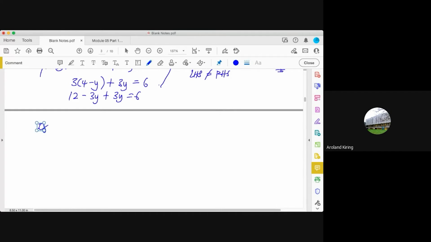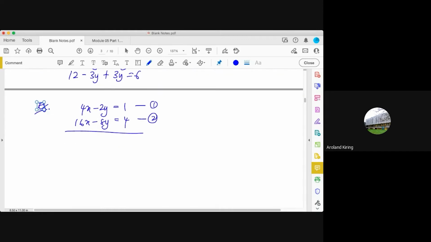So we look at the example of that. We have 4x minus 2y equal to 1. Okay, and then 16x minus 8y equal to 4. So you got your first equation and then your second equation. We solve this as before.